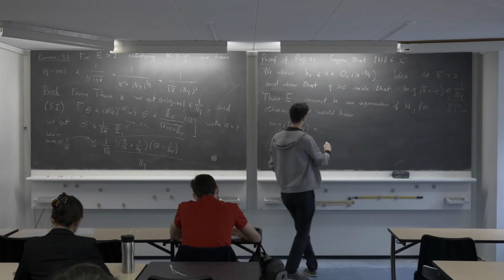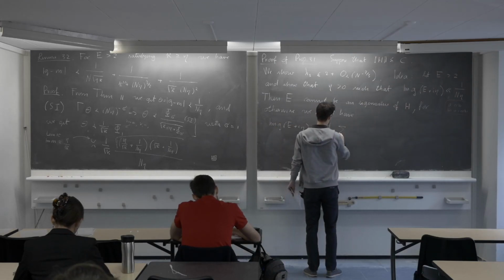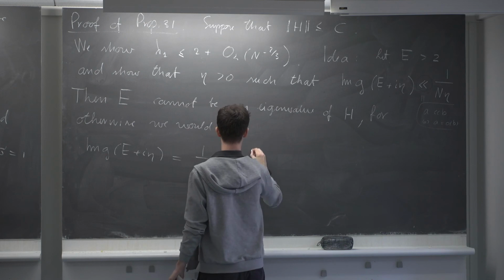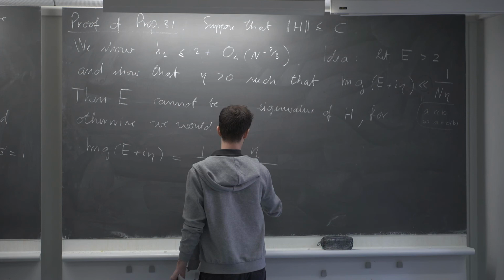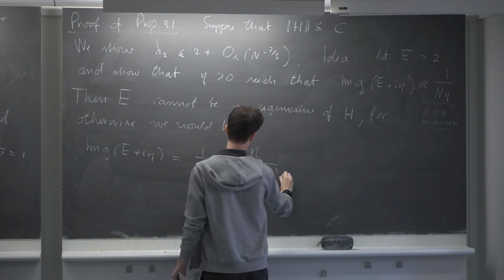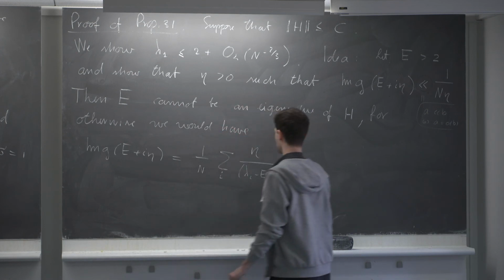This is equal to 1 over n, sum over all eigenvalues, eta over lambda i minus E squared plus eta squared.